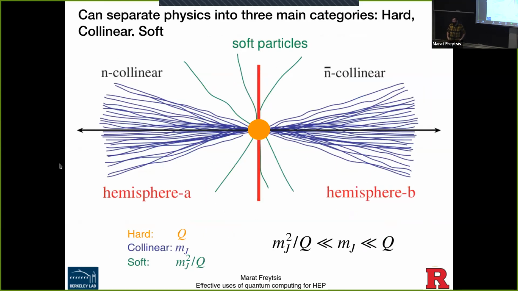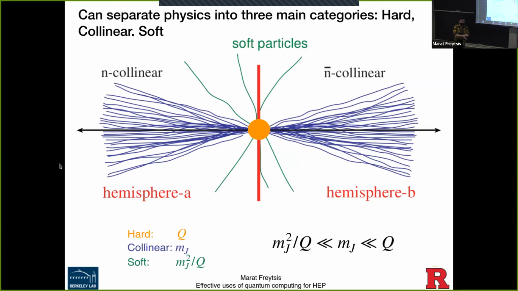But let's see, I'm not going to say anything right now about the hadronization part of it, but if we want to talk about the hard process and the part that is commonly described by parton shower, we can separate the physics into several different characteristic scales. The ones that turn out to be relevant when you just have a few hard particles producing the initial collision are, of course, the intrinsic scale at which the collision happens, the hard scale.